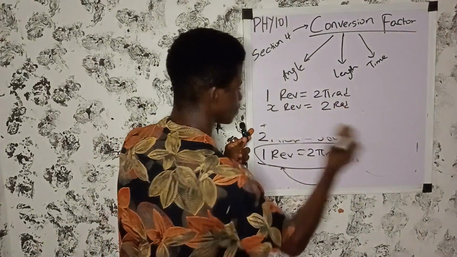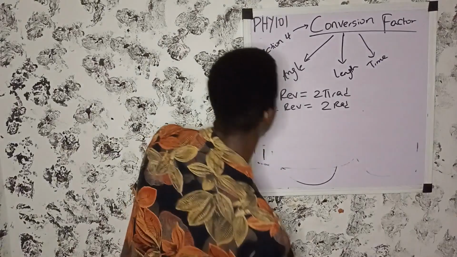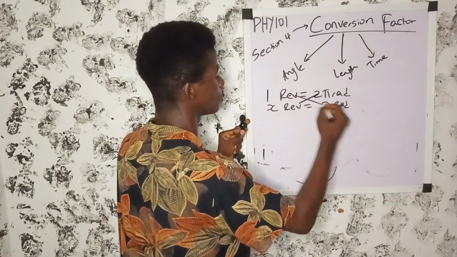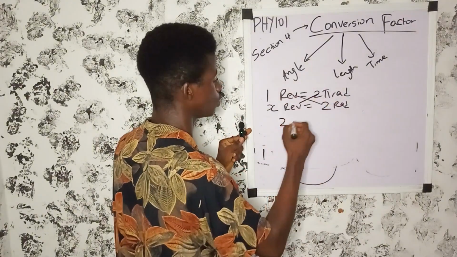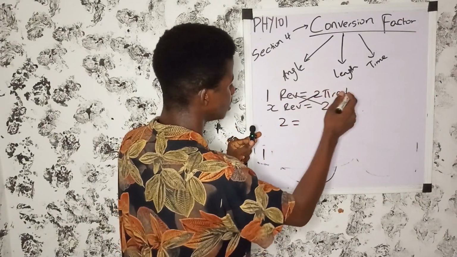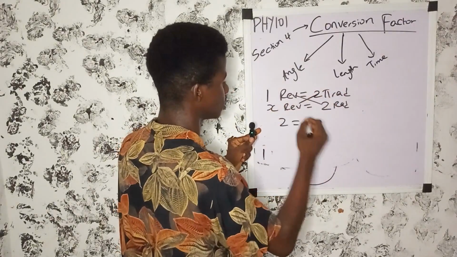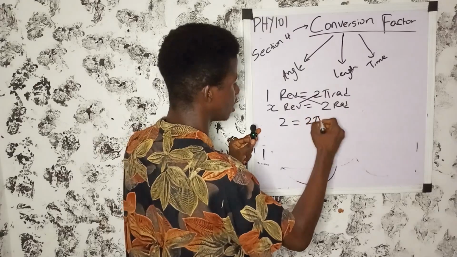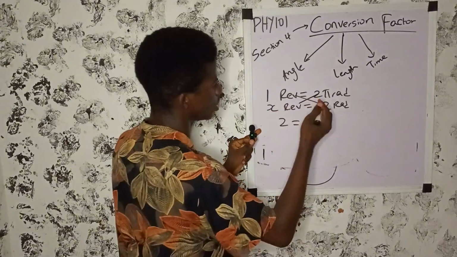So if you cross multiply, 1 times 2 radian gives 2, is equal to 2 pi radian multiplied by x, which gives 2 pi x.